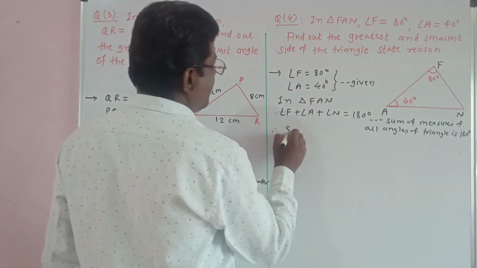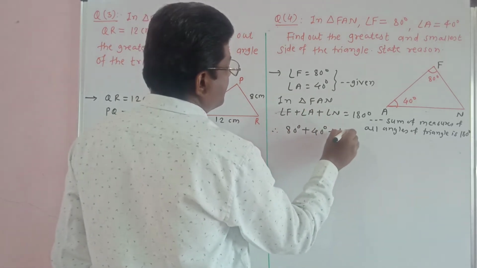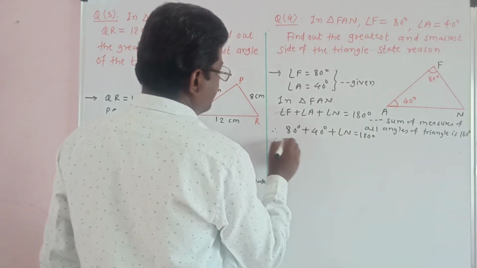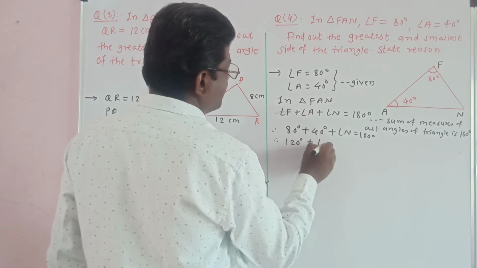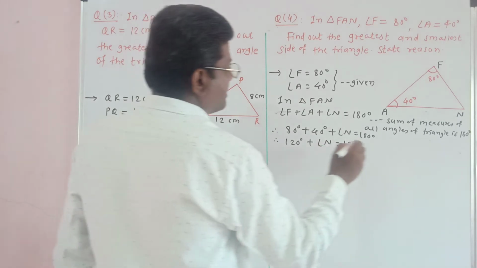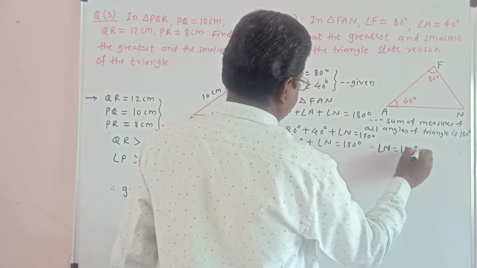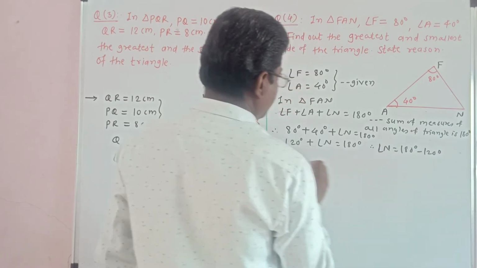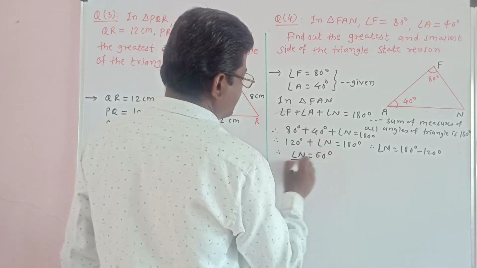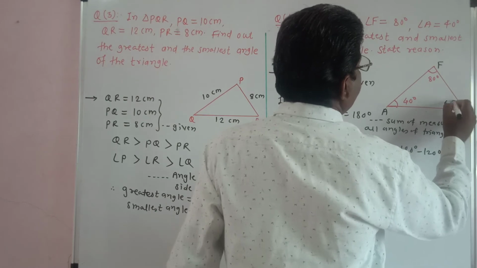Put the values. Angle F 80 degrees, angle A 40 degrees, plus angle N is equal to 180 degrees. Therefore, 120 degrees plus angle N is equal to 180 degrees. Therefore, angle N is equal to 180 degrees minus 120 degrees. Therefore, angle N is equal to 60 degrees. So we get this angle now, 60 degrees.